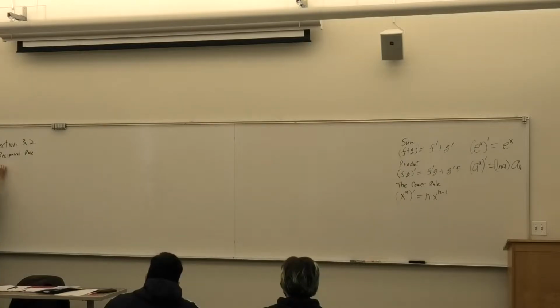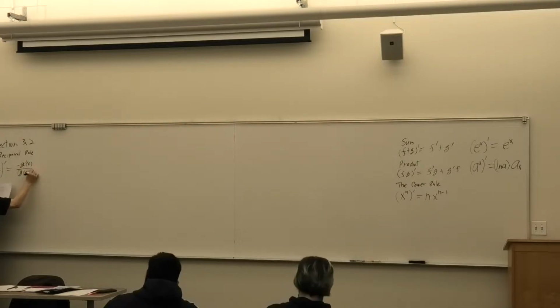The question is, what is the derivative of 1 over some function g, in terms of the derivative of g? Spoilers: we're going to find out it's negative g prime over g squared.